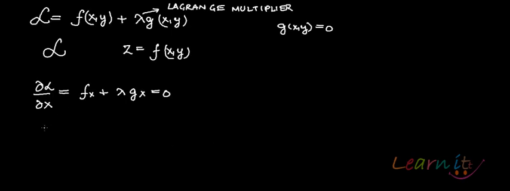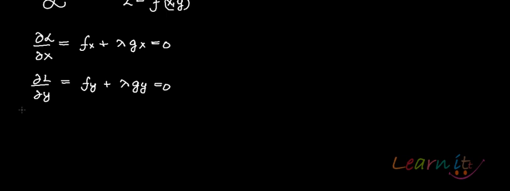This is what you have. Del L by del y is fy plus lambda gy equals to 0. And del L by del lambda is g(x,y). This has to be equal to 0.